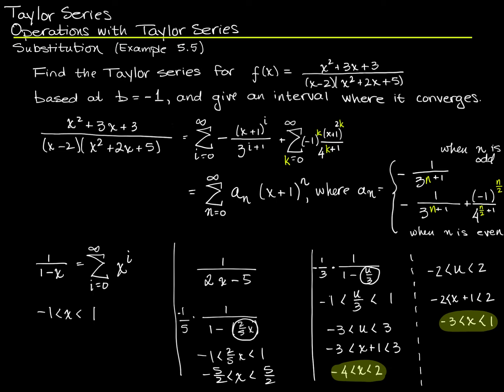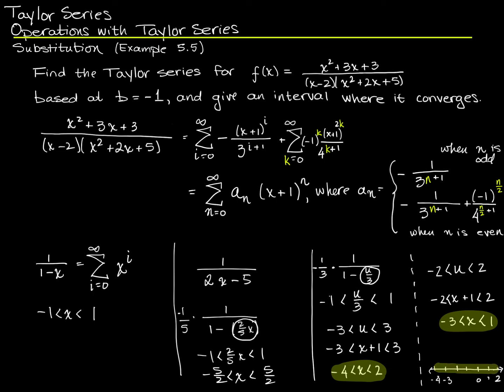If we look at these together on a number line, I have to go down as far as -4. There's -3, -2, -1, 0, 1, and 2. This interval of convergence is between -4 and 2, so it's pretty much that whole thing.